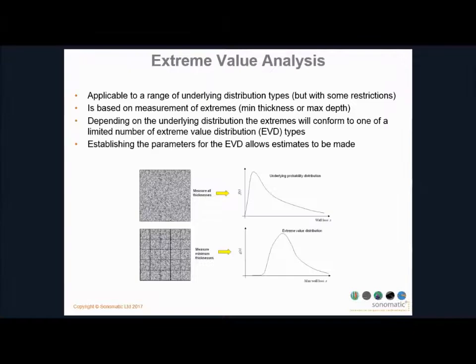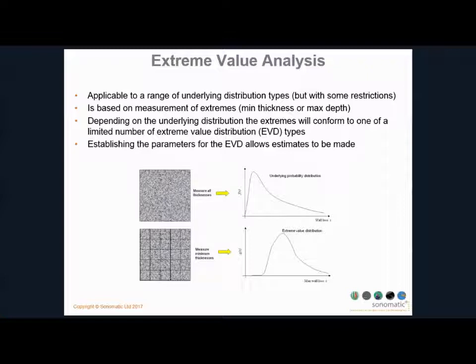So looking at the basis for extreme value analysis, it is applicable to a wide range of underlying distribution types. So definitely to the two that we mentioned, the exponential and Weibull cases. But there are some restrictions there. Essentially, you carry out measurements of the extremes, which might be minimum thicknesses or maximum depths, and extremes on grids of a common size.